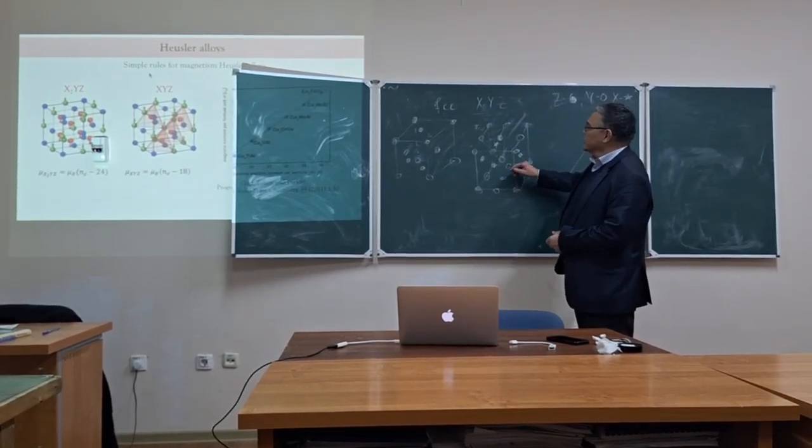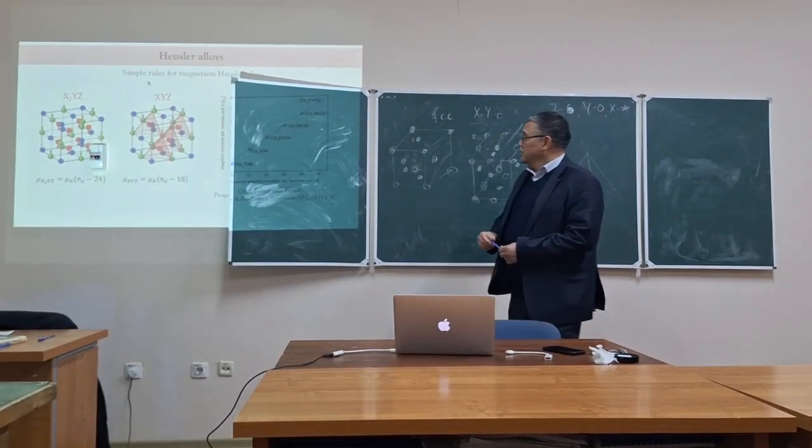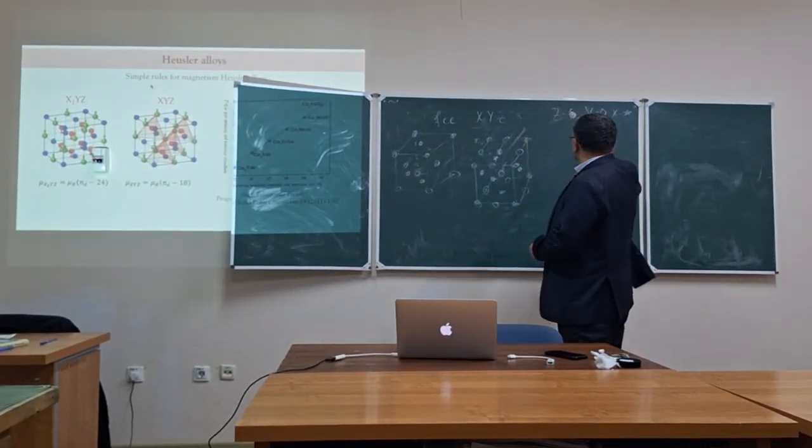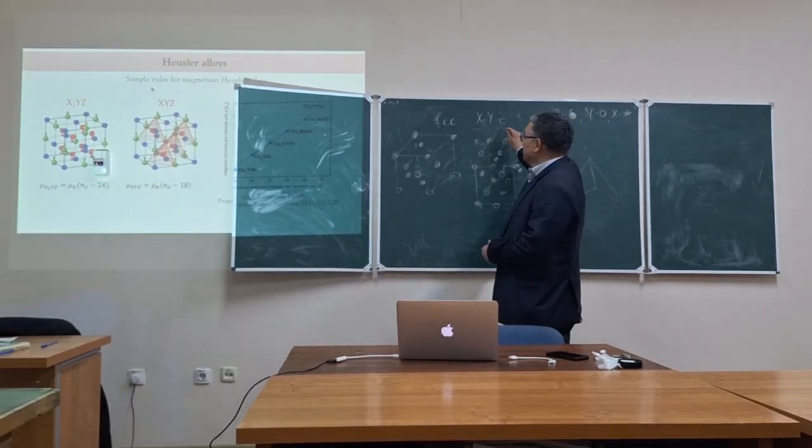Altogether we have four of these tetrahedra and the corresponding four X atoms, and we form this XYZ structure.